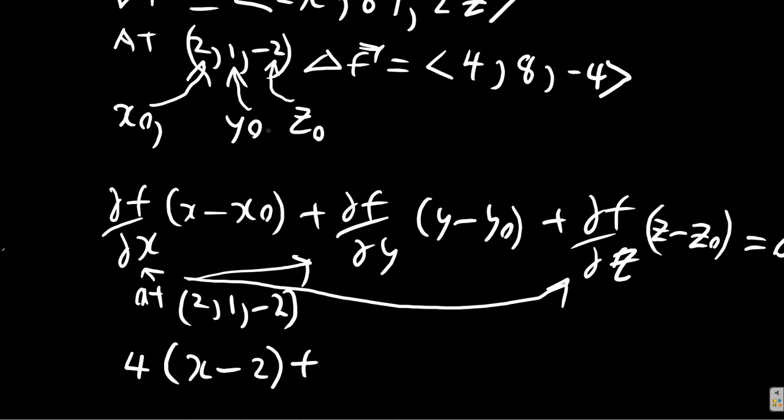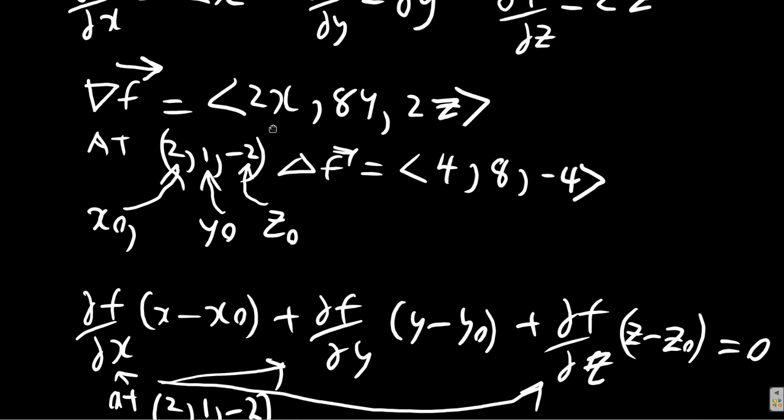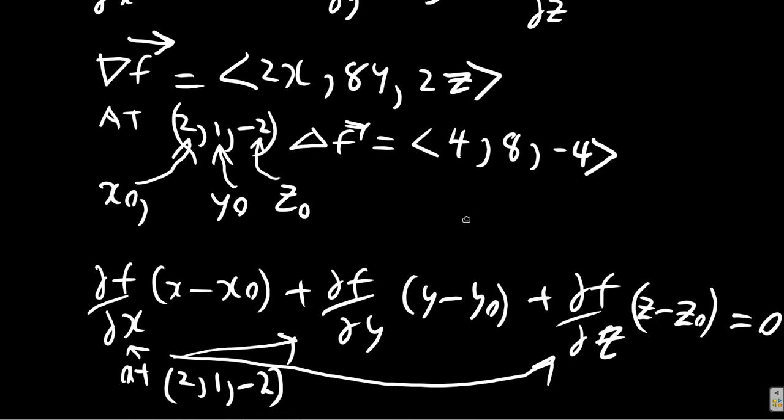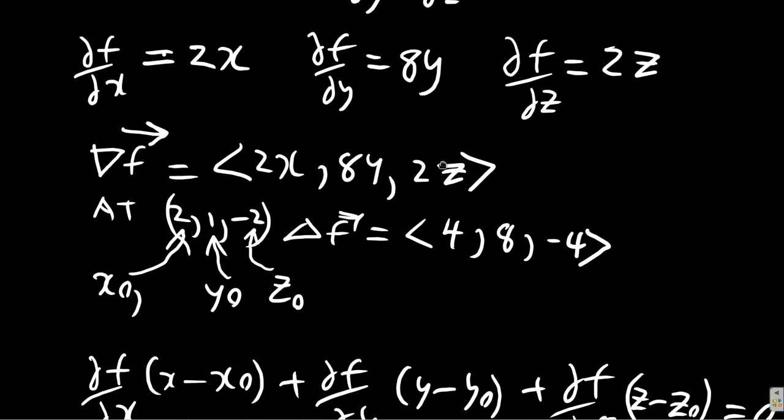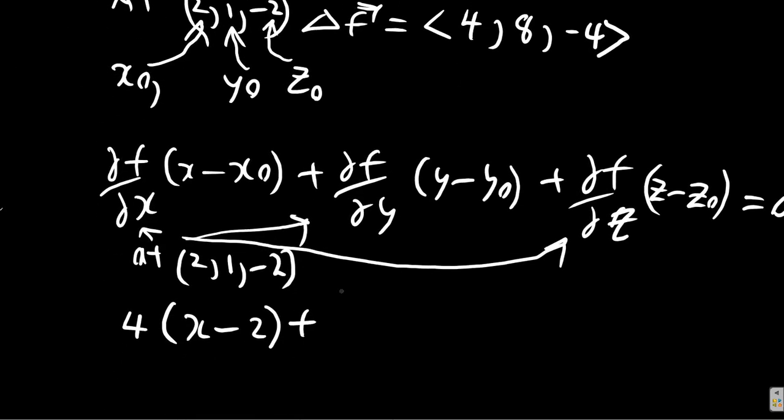Plus, here we have delta f by delta y at this point 2, 1, negative 2. It turned out, remember, delta f by delta y was 8y. And at 2, 1, negative 2, y0 was 1, so it's 8 times 1. So it's 8 times y minus y0, which is 1.